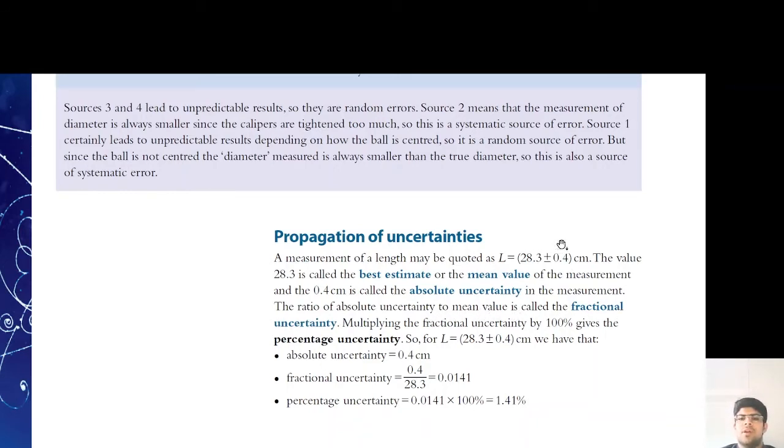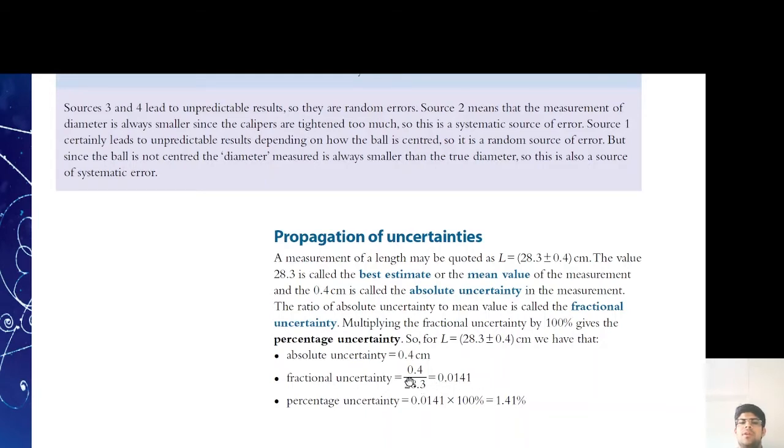If we do 0.4 over 28.3, this is the fractional uncertainty. Multiplying the fractional uncertainty by 100 gives the percentage uncertainty. So here, absolute uncertainty is 0.4 centimeter, and fractional uncertainty is 0.4 over 28.3 equals 0.0141.